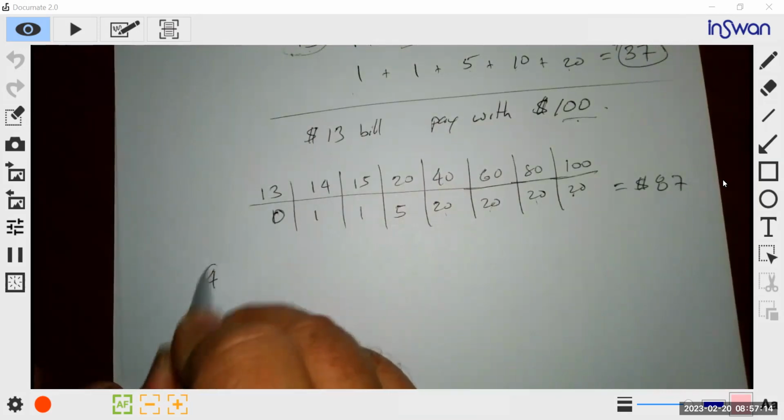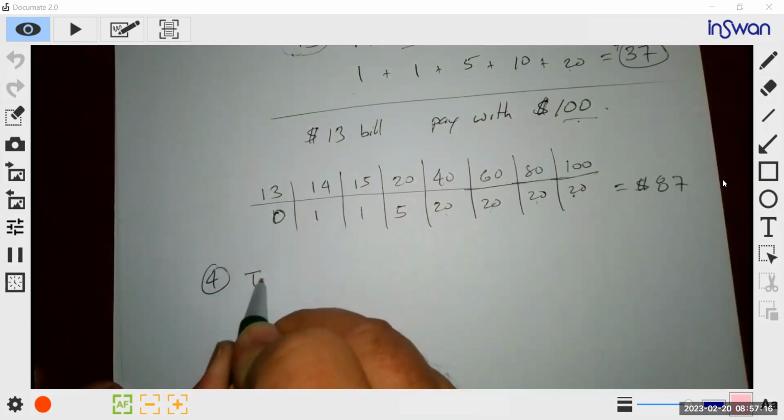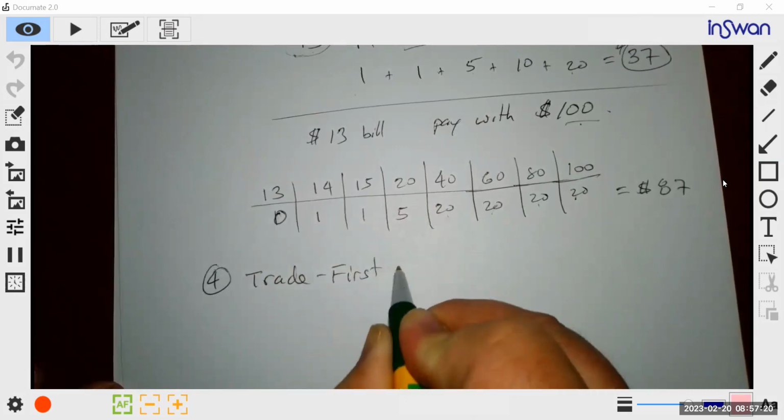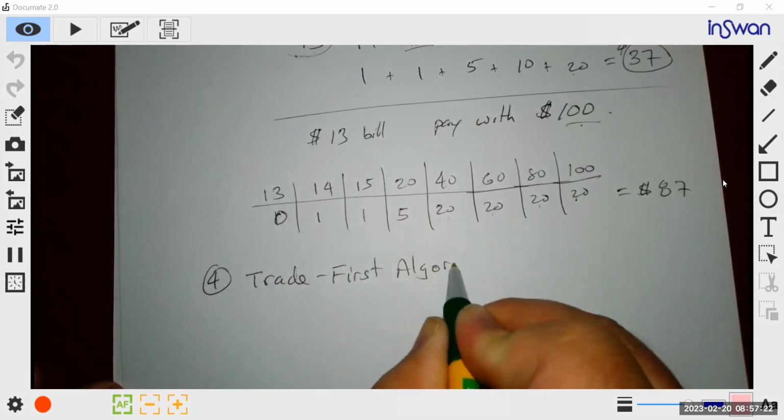And the last algorithm is called the trade first algorithm.